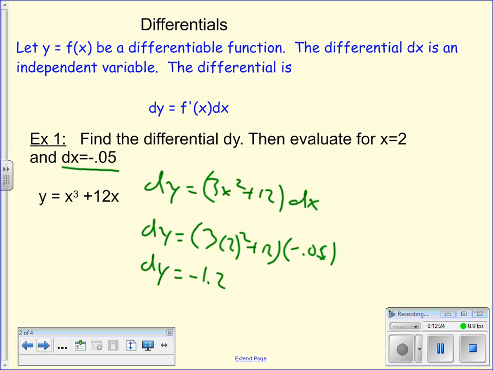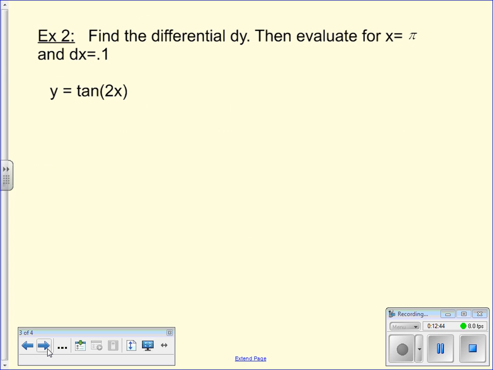Think about your physics and the pressure, volume, and temperature. If you hold one constant and change something else, you've got a change in the other one, right? That's kind of the idea. If I change this, how much does that change? No, we will not be working with pressure, volume, and temperature, but you get the idea. Okay, your turn. Give it a shot.